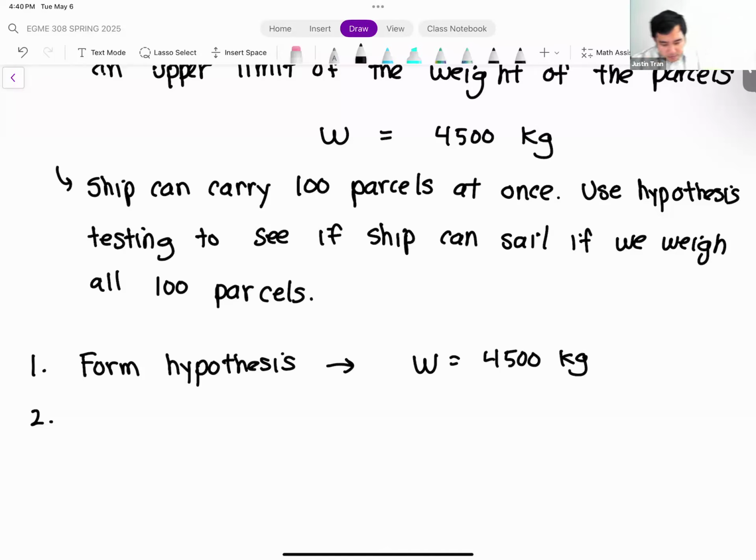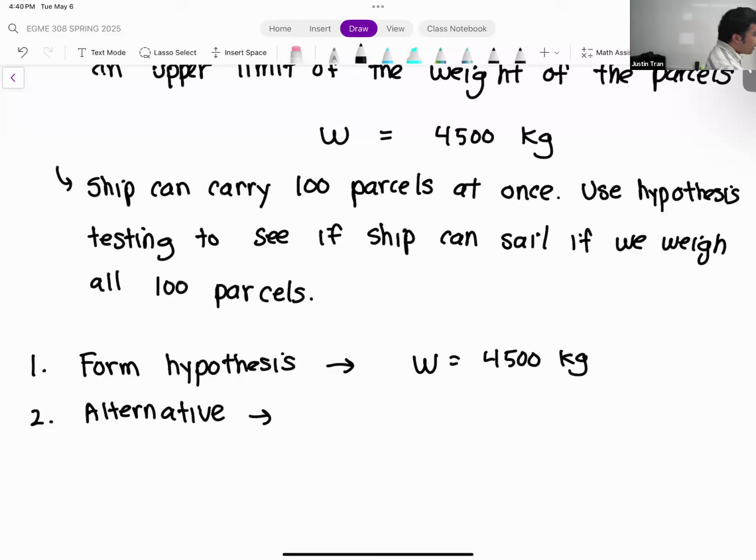Okay. Step 2. Step 2 is to form the alternative. And so in this particular case, we are in trouble if the average weight of all the parcels is greater than 4,500 kgs.